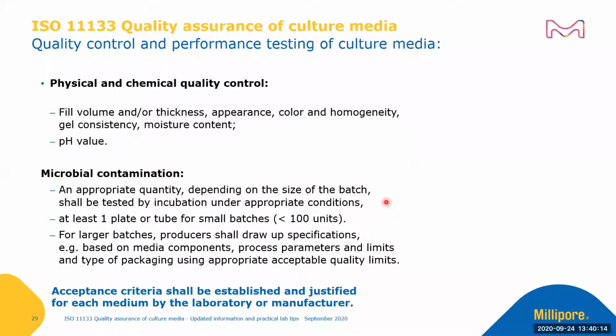At least one plate or tube for small batches below 100 units. And for larger batches, producers shall draw up specifications, for example, based on media components, process parameters and limits, and type of packaging using appropriate acceptable quality limits. Acceptance criteria shall be established and justified for each medium by the manufacturer or laboratory itself.